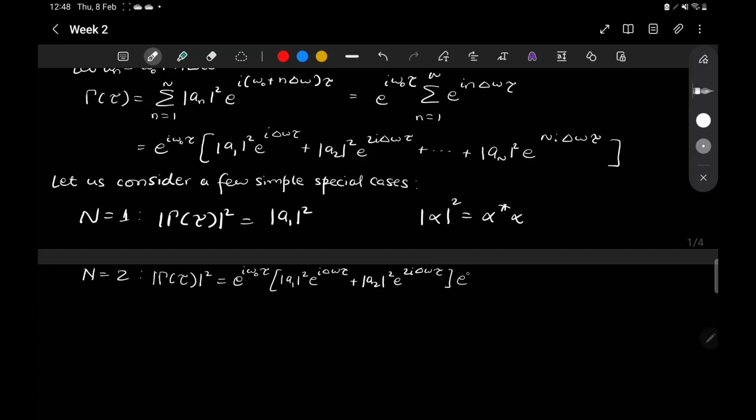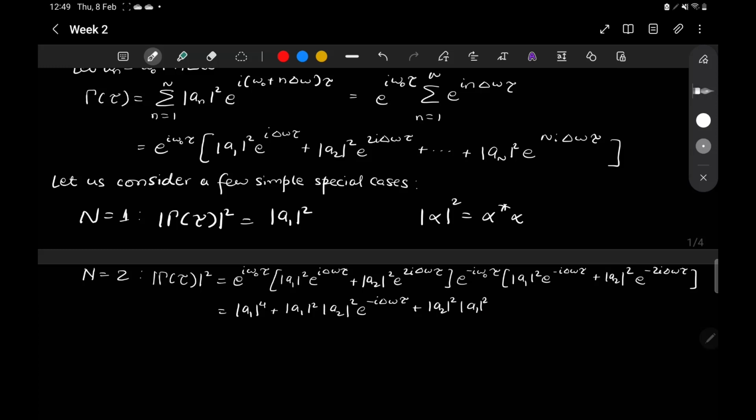This and then the complex conjugate of this. I'm just simplifying it, opening up the brackets.